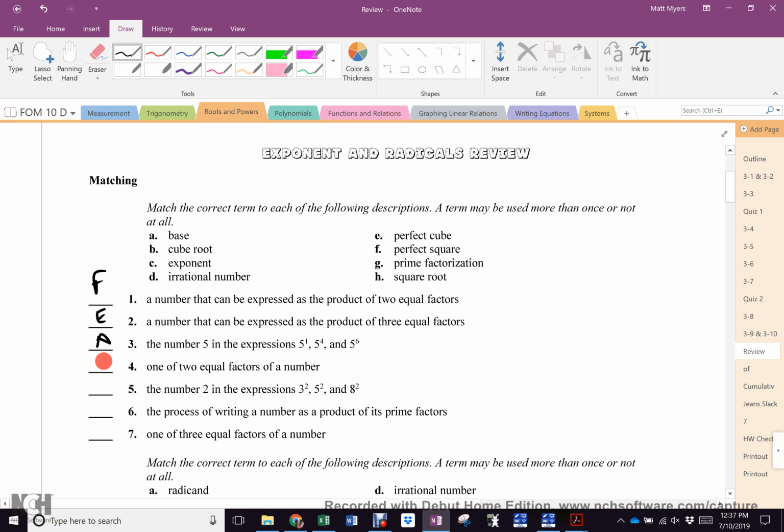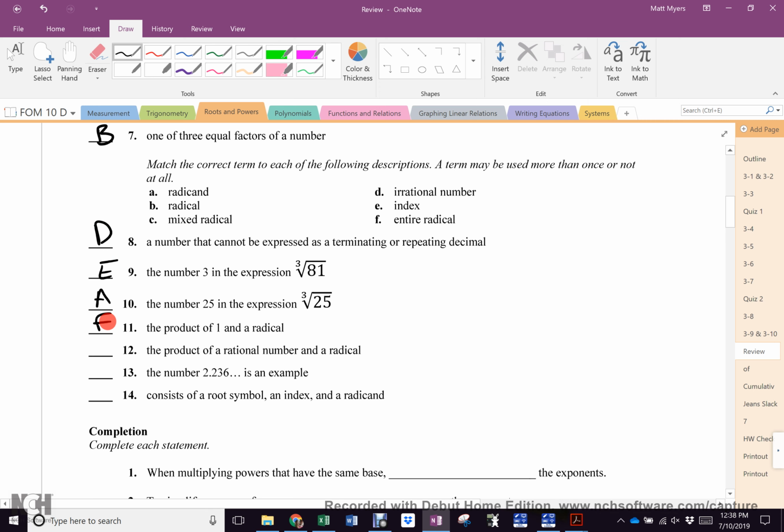D, E, A, F, C, D. Yeah, D. And 14 consists of a root symbol, index, and a radicand.